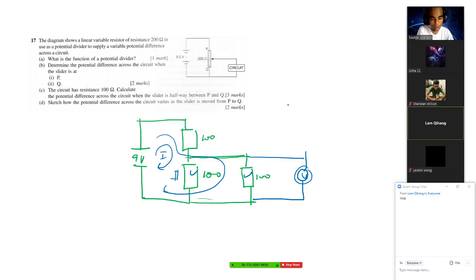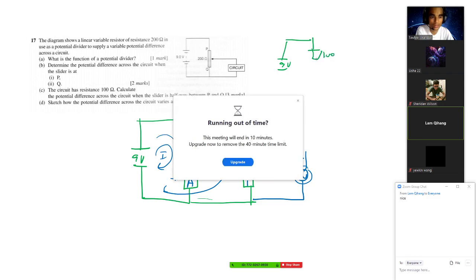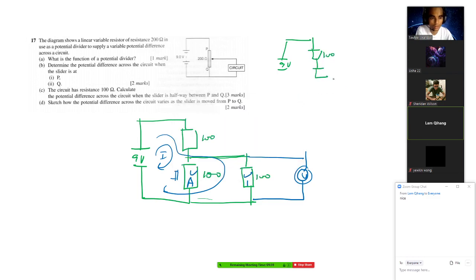To make one loop, very easy: you combine this A and B. If you combine A and B, you know that you have 50 between them, right? So you have 9 volt, 100 over here, this is 100, and this one will be 50. So it goes back to the 9 volt, and this is one loop, right? Yes. So you use your potential divider: 50 divided by 50 plus 100, times back with 9 volt.